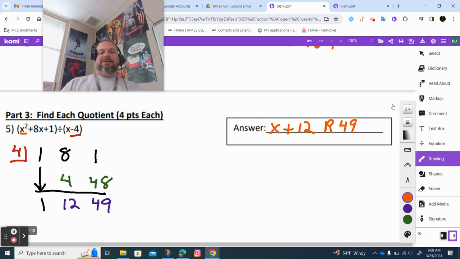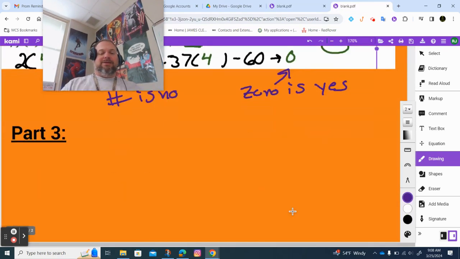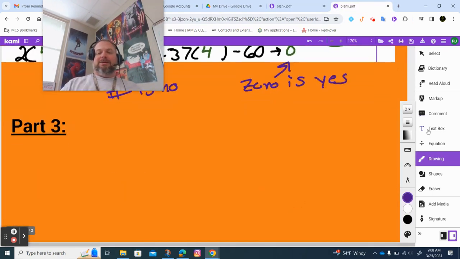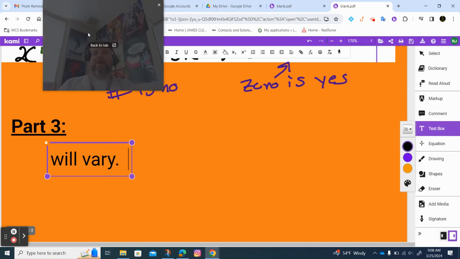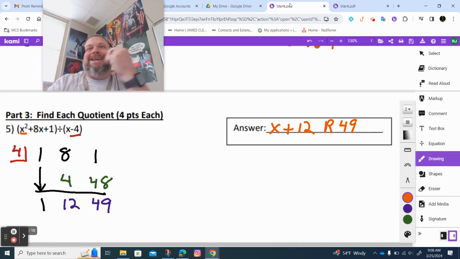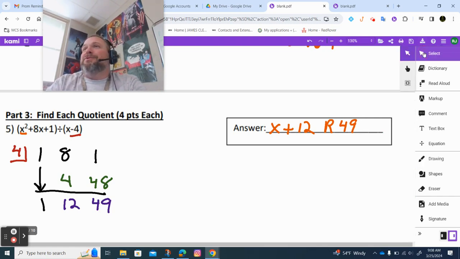It will vary. I mean, I'm afraid to put a whole bunch of stuff because the more that I put on there, the more I'm afraid I'm going to confuse y'all. Because I would confuse myself.